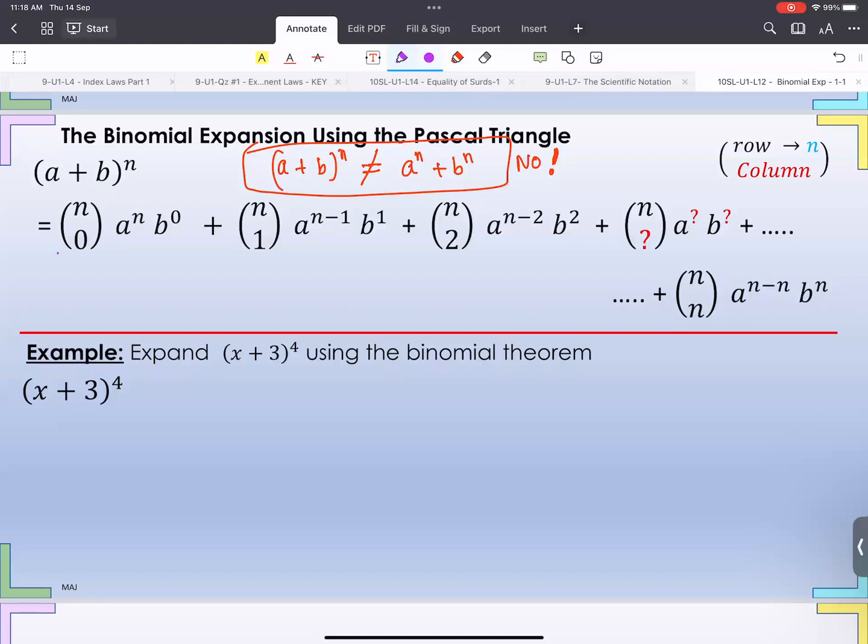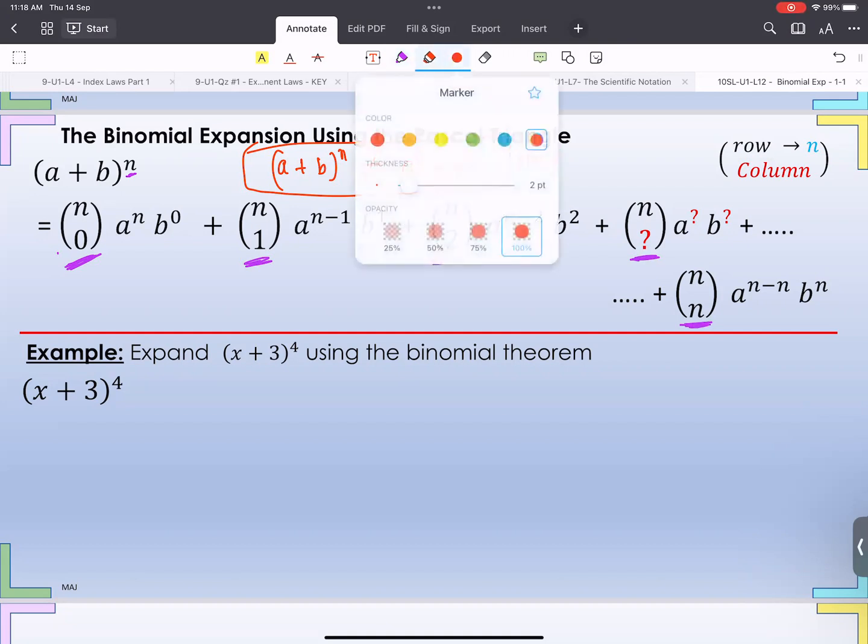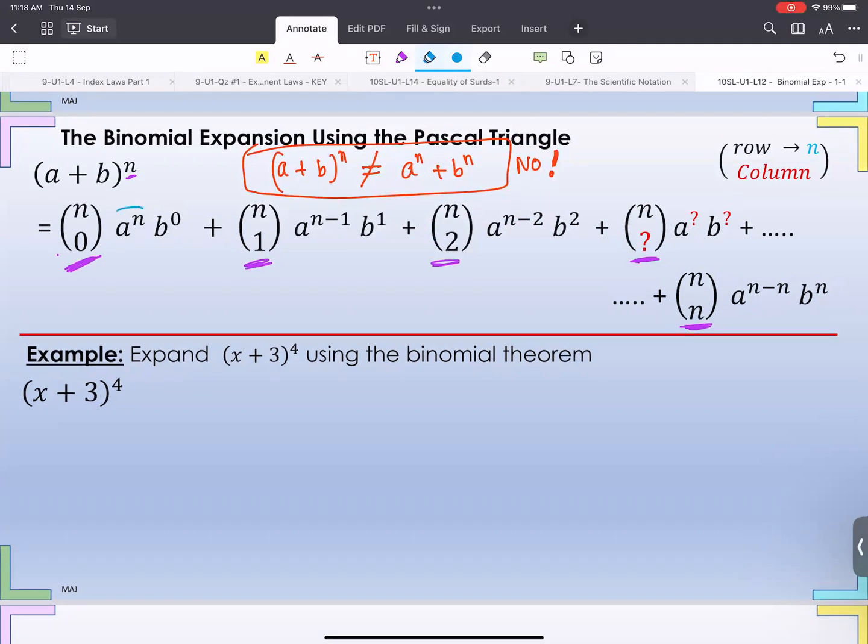So for instance, if I had n here, this is going to be n choose 0, n choose 1, n choose 2, n choose 3, and ultimately it ends at n choose n. Meanwhile, the powers of a: this becomes a power n, the next is a power n minus 1, a power n minus 2, a to the power of n minus 3, and it goes on until the very last term where a becomes n minus n, which is 0, so it just becomes a power 0.